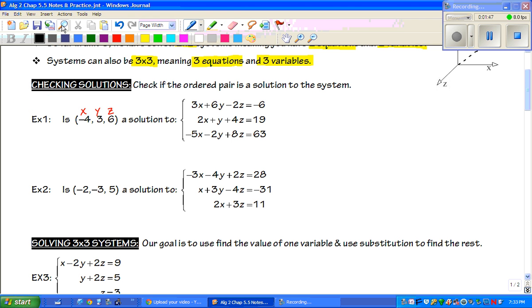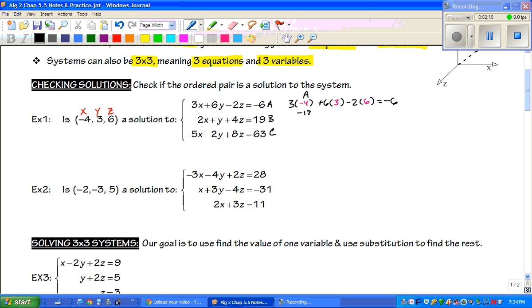Okay? So, we're going to label these A, B, and C. Starting with A, we have 3x plus y minus 2z equals -6. And we're plugging in -4, 3, and 6.